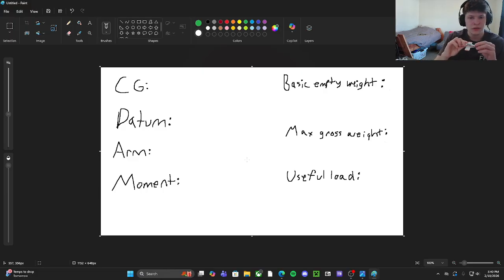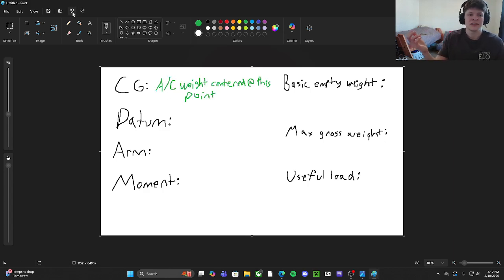But what we're concerned with is that our aircraft, if we were to suspend it from this point of the center of gravity, let's say I just set it on my finger right here, it would be perfectly balanced. It wouldn't tip over this way, this way, or this way. That is what our center of gravity is. Our aircraft's weight is centered at that specific point.